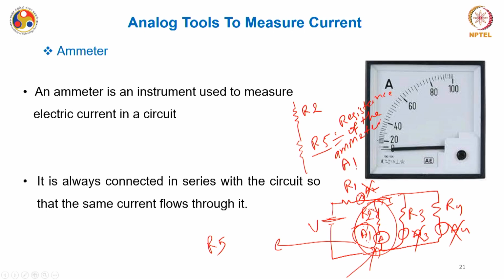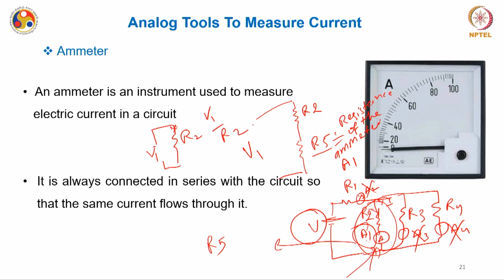A1. Earlier, say the voltage drop across R2 was V1, because of this battery V across R2, and the current flowing through it was V1 by R2.